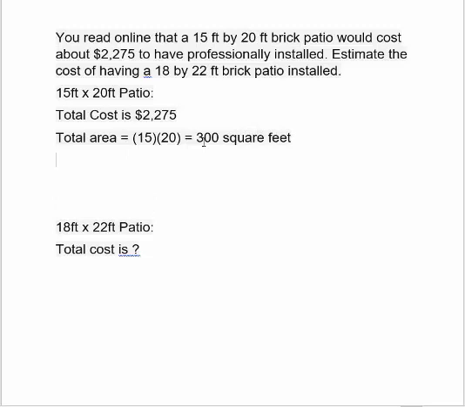If the total cost is $2,275 and there are 300 square feet, let's figure out the cost per square foot. When you see the word per in a word problem, or when you're working this out yourself, that's a division problem. So it's total cost divided by total square feet.